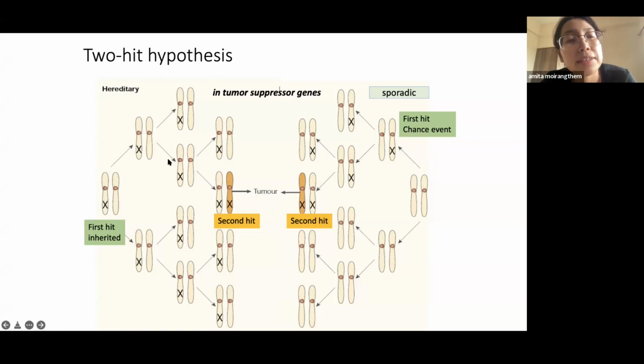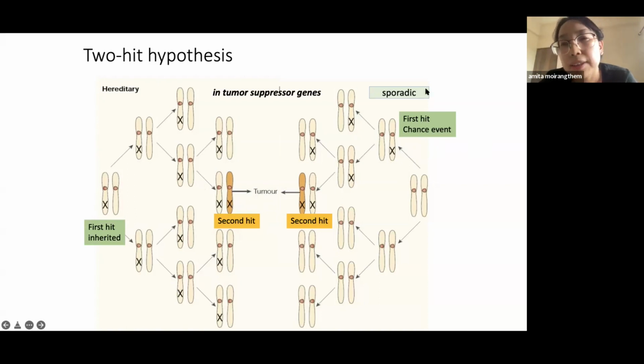As cells divide, due to some random phenomenon, there are chances of errors in DNA replication and errors in repair, which cause mutation. So the second hit may occur in any of the cells. When both copies are mutated, the tumor occurs.